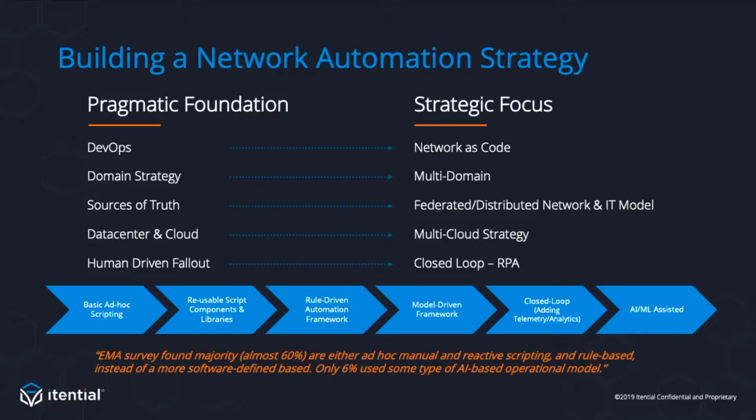So we think DevOps concepts, either from a skill set perspective or from a tooling perspective, are key. The long-term focus on that is running the network as code, so running from a Git repo all the way down into the network. That's quite a bit to take on at once, but as we build towards that strategic focus, focusing on the entire DevOps lifecycle is going to be key.